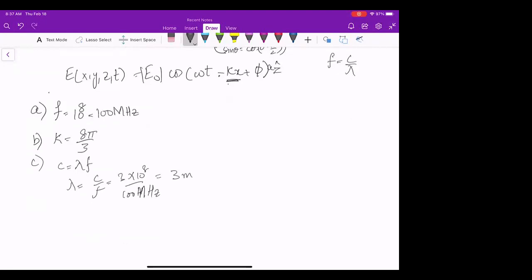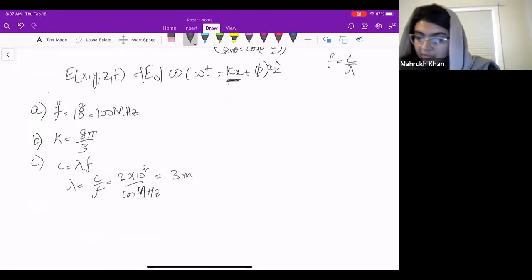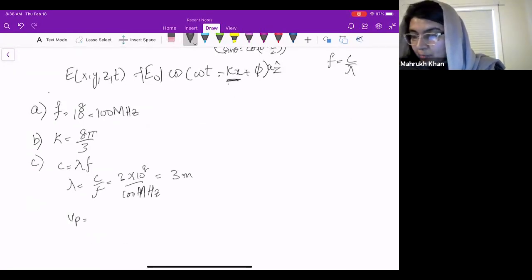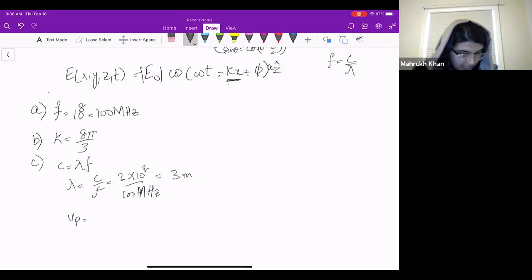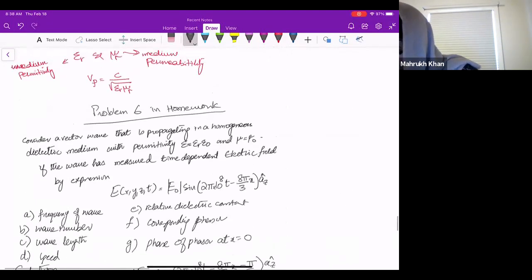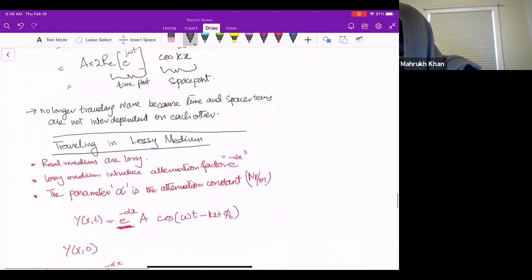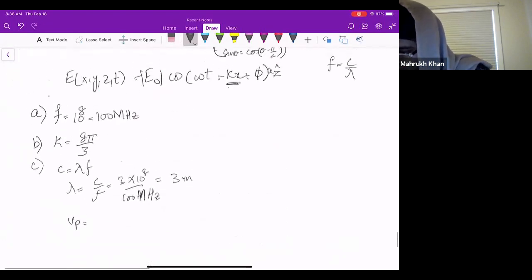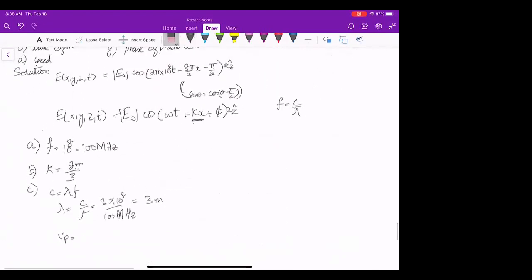But if you compare it with the wave number, K is 2 pi by lambda. The answer is 0.75 meters?